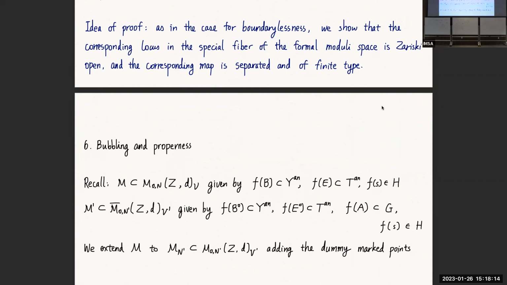So I have my moduli space, this locus M, given by the condition that the closed body disk goes to Y, and the disk goes to T, and the marked point goes to H. Then we consider this different locus M prime, given by the condition that the body disk goes to Y, and the disk goes to T, and the area goes to G, and the marked point goes to H. So you see here, unfortunately, boundarylessness is for one locus and compactness is for a different locus.